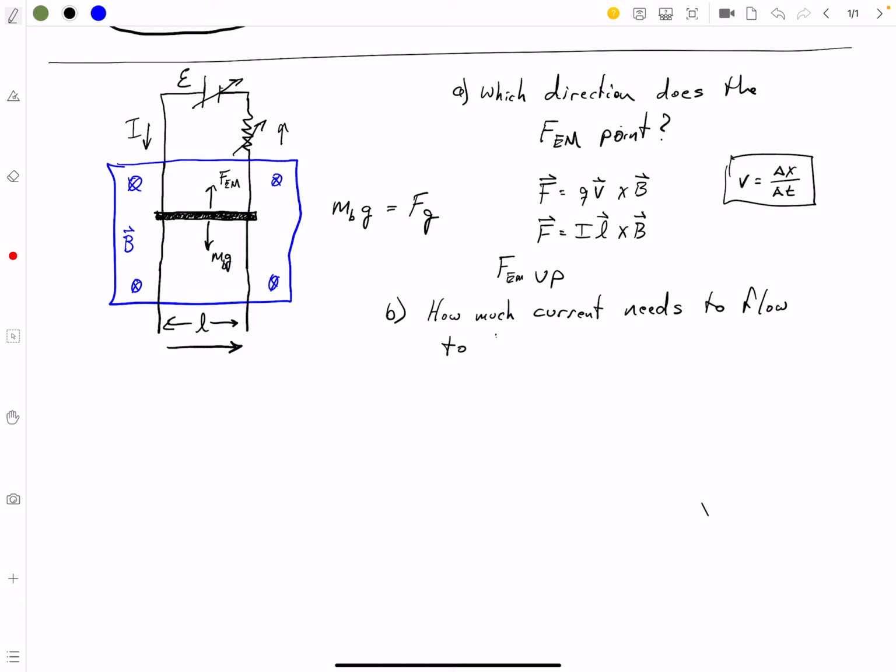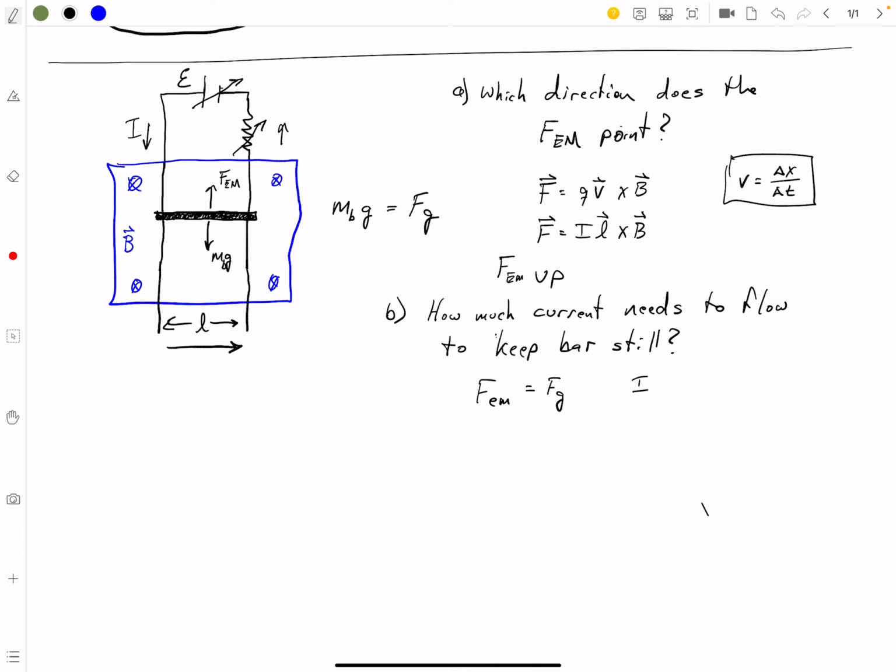To keep the bar still, in other words, F_EM has to equal our F_G, and we've got L cross B, the sine of 90 degrees is 1.